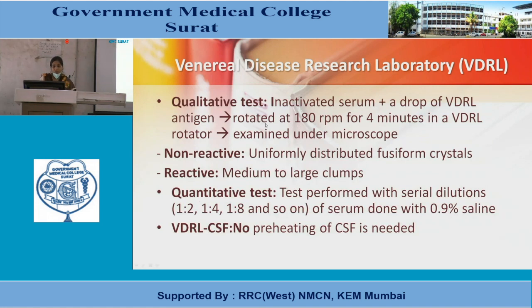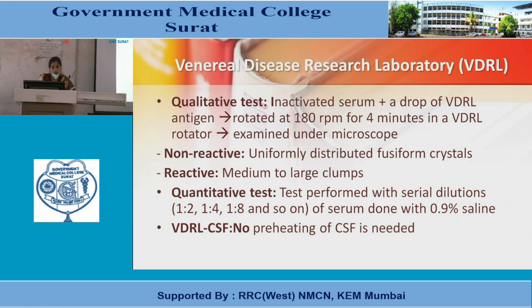In the qualitative test, inactivated serum is prepared by heating at 56 degrees Celsius. Then drops of VDRL antigen are added, and it is rotated at 180 RPM for 4 minutes in a VDRL rotator and examined under the microscope.